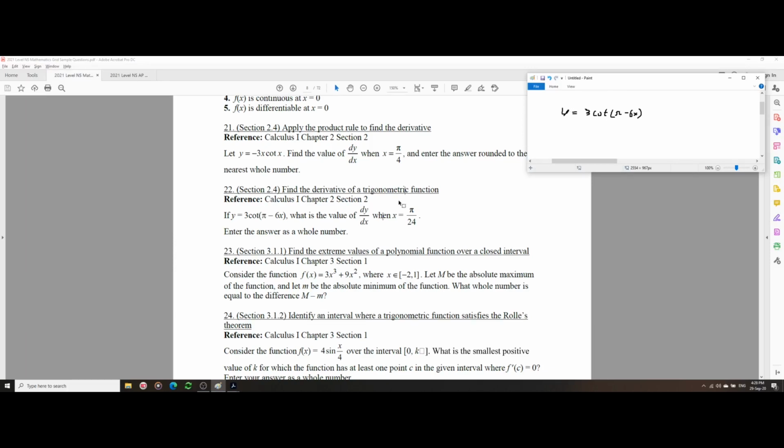Okay, so for the last question I'll be doing in the grid here, not the AP. So y is 3 cotan of (pi minus 6x). We want to find the derivative at pi over 24. First of all, if you've seen the video where I derived the tan, cosecant, secant, and cotan, you will be able to do this.